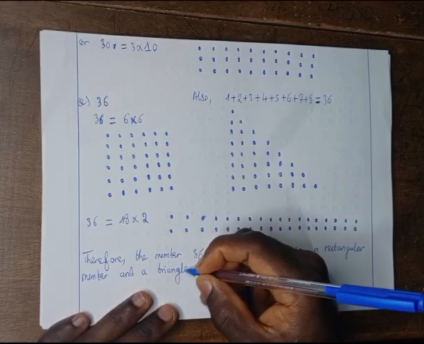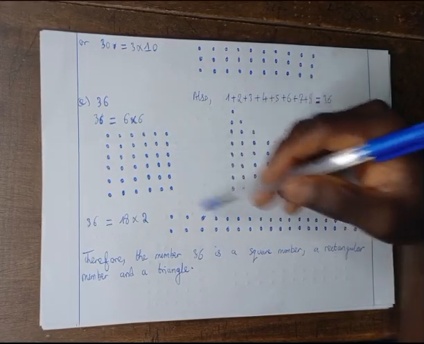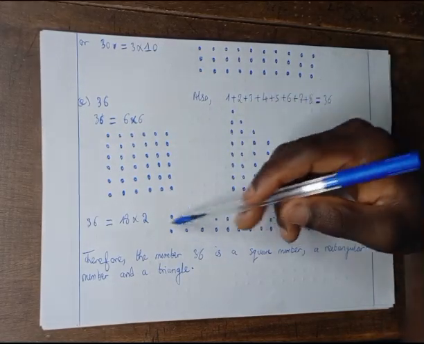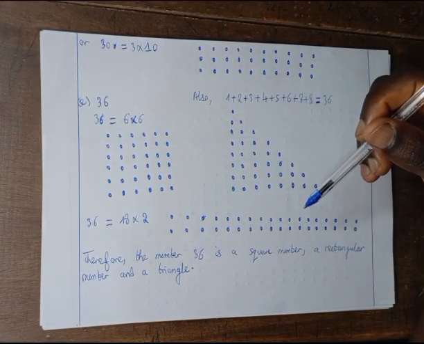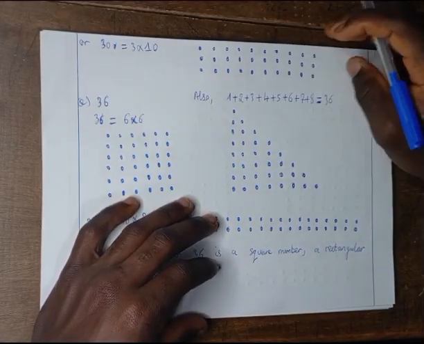The number 36 can be represented in three different plane figures. You can see it as a square, as a triangle, and lastly as a rectangle. We are done with the correction of the exercises.